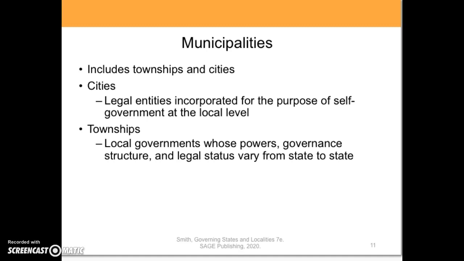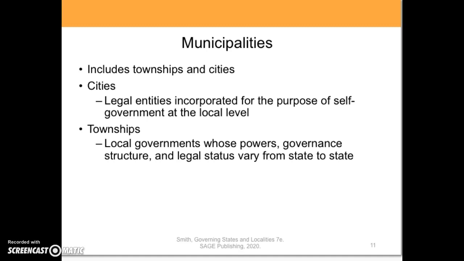Now, cities are legal entities incorporated for the purpose of self-government at the local level. So again, if you live in a city, it'll have an incorporation date. And that's the date that this geographical area became a city, which would allow them more self-governance, more control over what the community is and how it takes shape, all right?